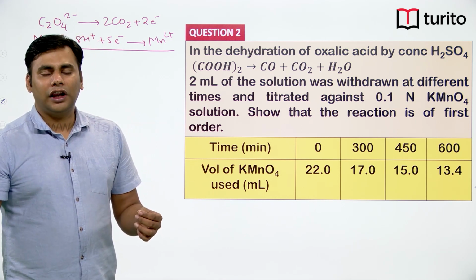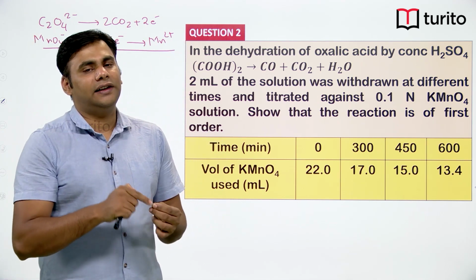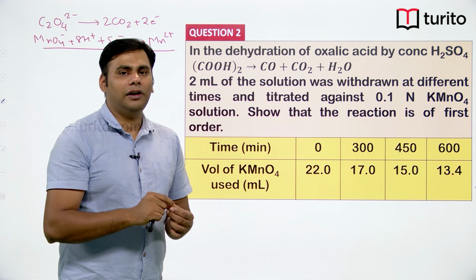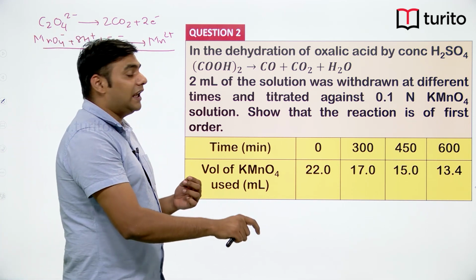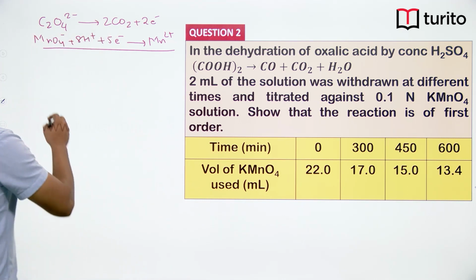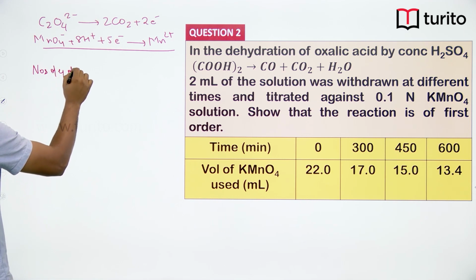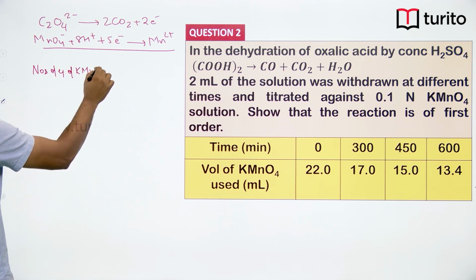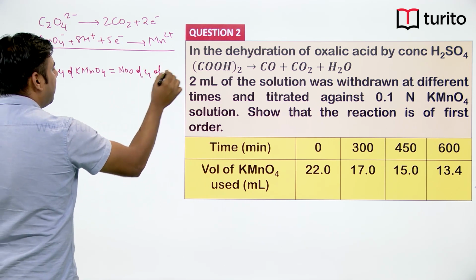The amount of KMnO4 consumed will tell us the amount of oxalic acid present in that 2 ml sample. Whatever is present in that is the amount of oxalic acid left in the main reaction mixture. So we will say that the number of equivalents of KMnO4 is equal to the number of equivalents of oxalic acid.